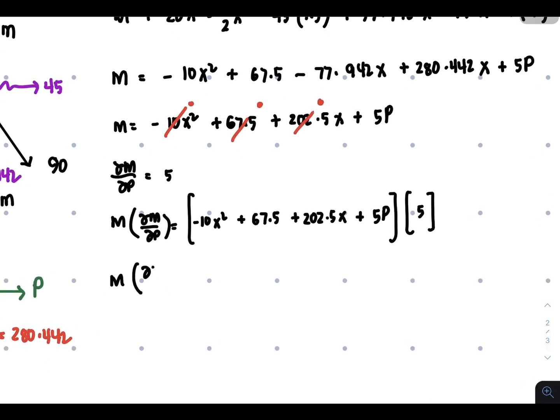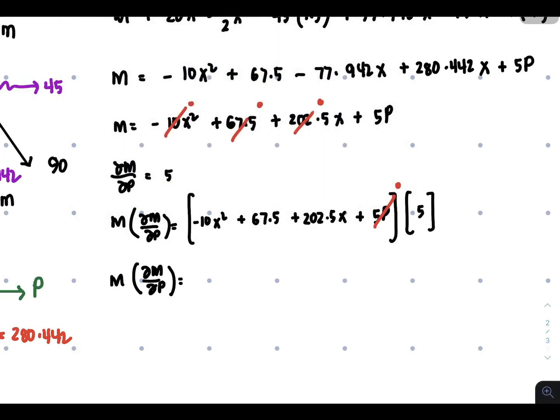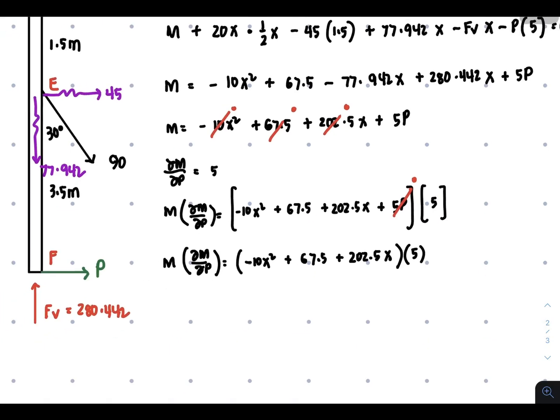So the partial derivative and the product of M is now equal to, set the P value equal to 0. So it's going to be negative 10x squared plus 67.5 plus 202.5x and times 5.